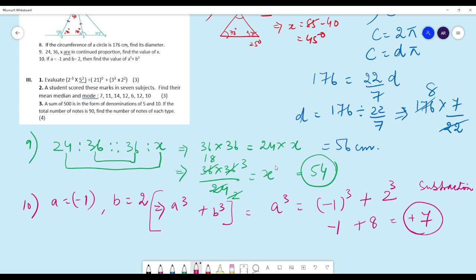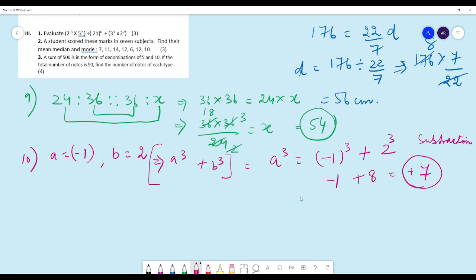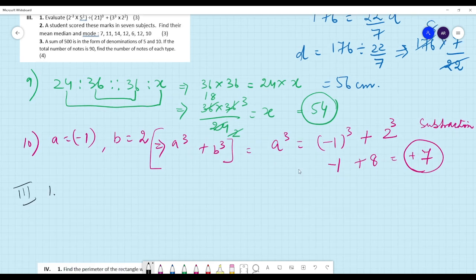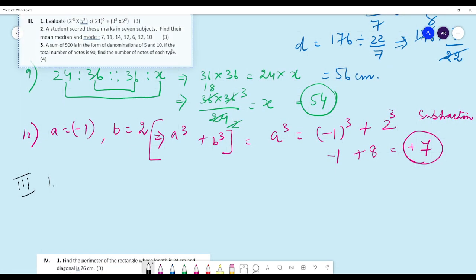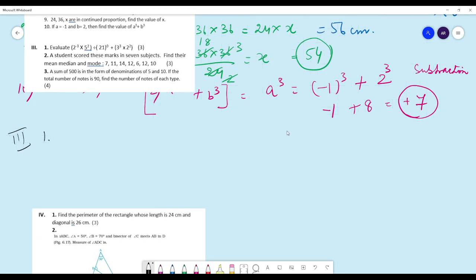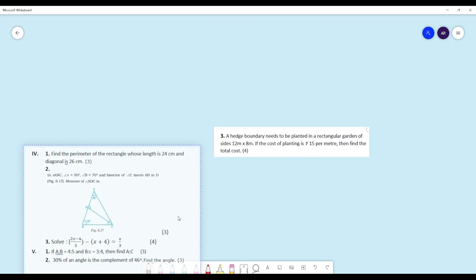Now let us move on to the third set of questions, and over here again we come to exponents and powers. So let us see how do we evaluate this. So it says evaluate, just bring it a little bit down so that we can keep on doing these sums and take them further down.